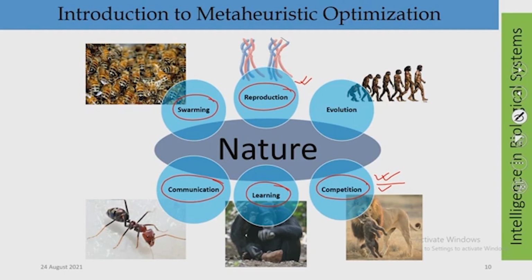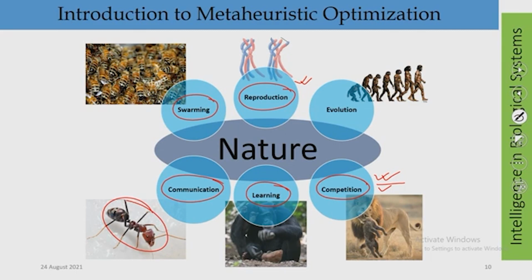Now, what we are doing basically is looking at these natural processes, the phenomena happening in nature, the intelligence in biological systems. If you look at it, everything is optimized. When the ants are searching for food, as I said in my first class also, they have a very good communication technique, they communicate with each other, and they have a methodology to move in the shortest route.